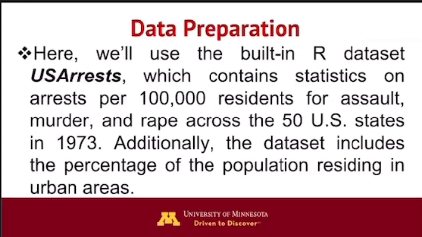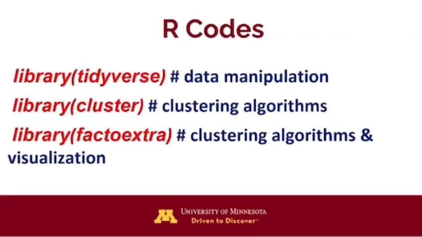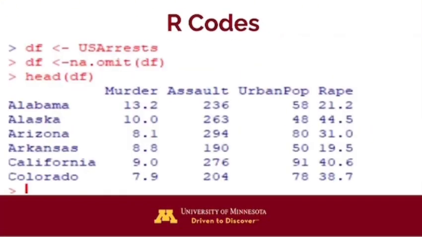And the fourth one is the percentage of population living in that particular area, making 4 variables. Now, from what I've seen, assault is going to dominate because the rate of assault is more than the rape rate, which is more than the murder rate.